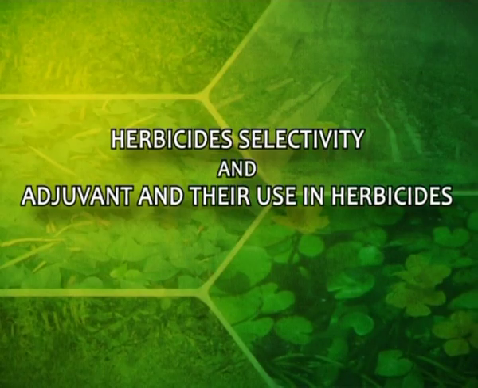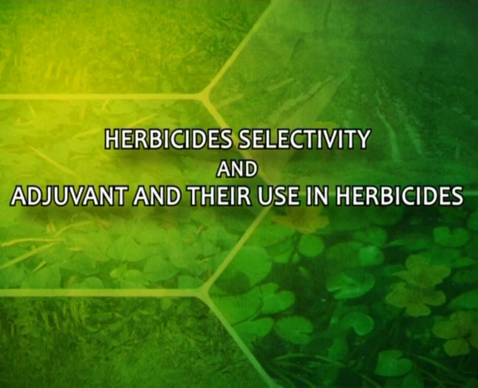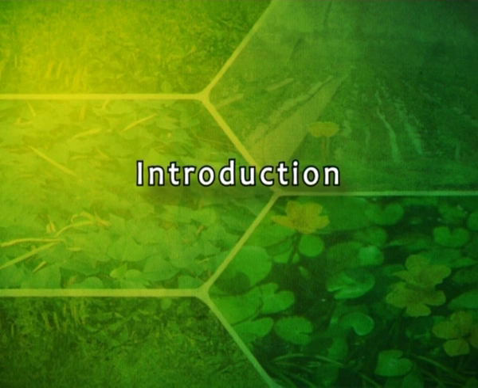Dear students, today let us discuss a new topic: herbicide selectivity and adjuvants and their use in herbicides. A large number of factors such as plant, herbicide and environment operate simultaneously for a herbicide to become active and selective to a plant.